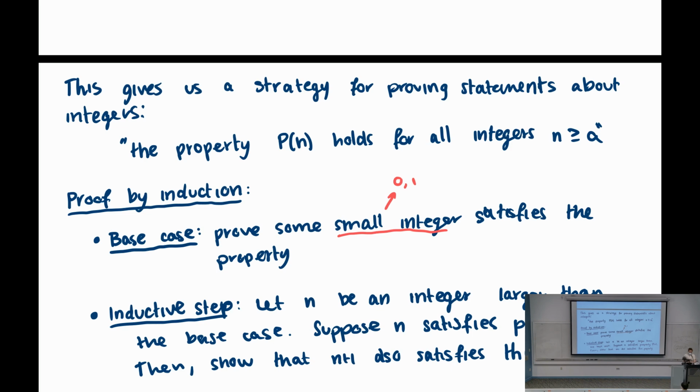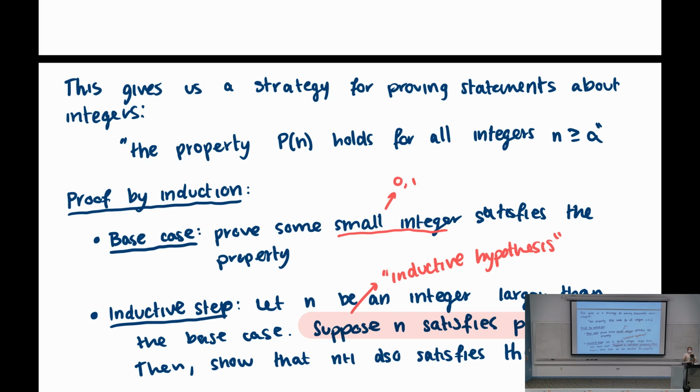And this assumption that you make when you suppose that n satisfies the property, this is called the inductive hypothesis. So basically what you've done in these steps is you've shown that the set of integers that satisfy your property is a set that the theorem is applicable to.